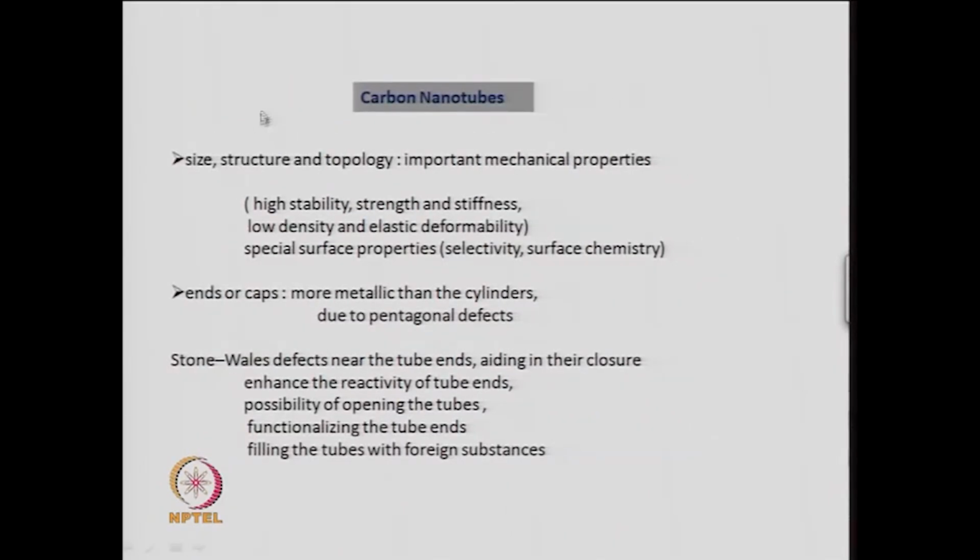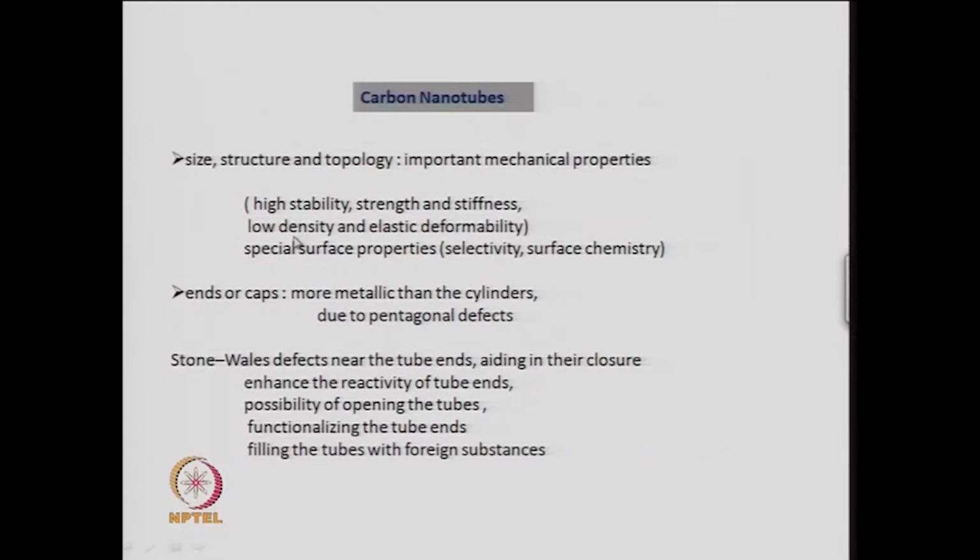Now, we mentioned that size, structure and topology are important for the properties of carbon nanotubes, not only the electronic properties, but also the mechanical properties. The mechanical properties are also guided by the size, structure and topology, and they have very high stability, strength and stiffness compared to any other material known today, and we will come to the numbers soon.